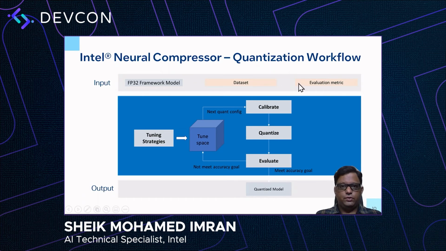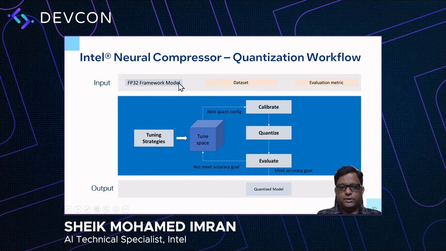So to give an overview of how the quantization workflow happens, first the FP32 model is going to be passed on to the quantizer. So it's going to be calibrating it, as in identifying what accuracy, rather the evaluation metric in this case is accuracy, is being observed in the input FP32 model, right?